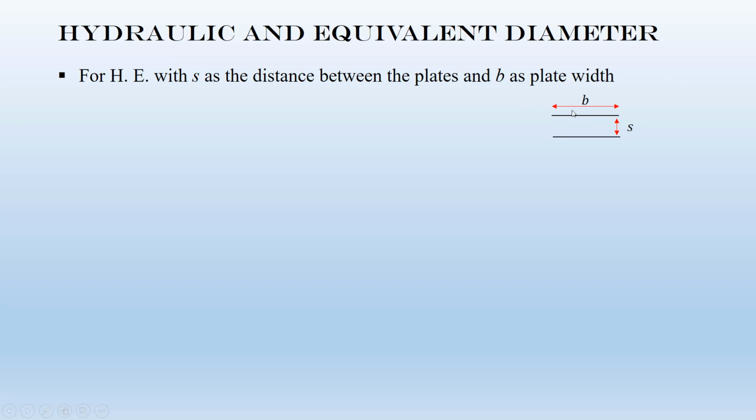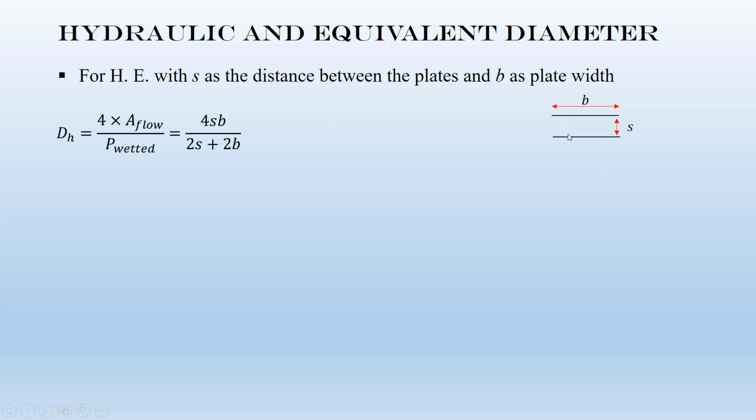We can use the definitions for the hydraulic and equivalent diameter. For the hydraulic diameter, if you remember, the definition is 4 times the flow area over the wetted perimeter. Here the flow area is B times S, correct? Fluid flows in the distance between the two plates. So the wetted perimeter is 2S plus 2B.